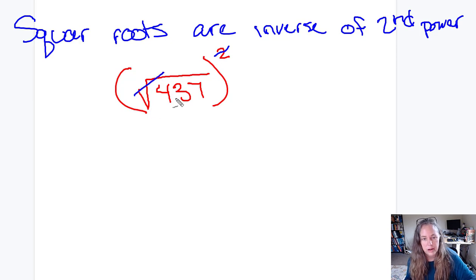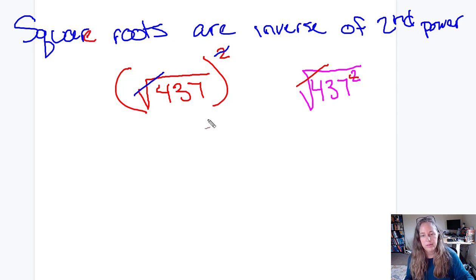Boom, boom, because they are inverse operations. The same if you have 437 squared, and then you're going to take the square root of it. Those cancel each other out. Inverse operations. Oh, look at that. Square roots. Okay, so cube roots.